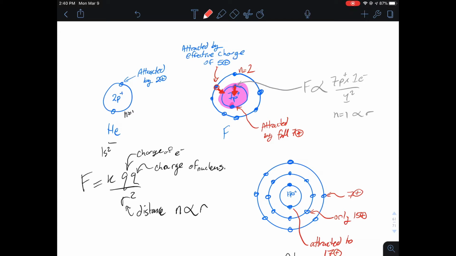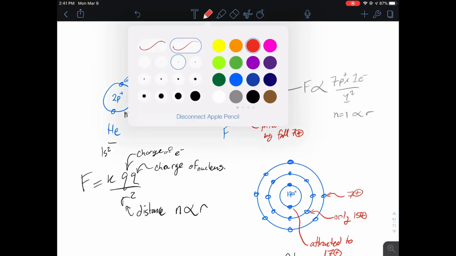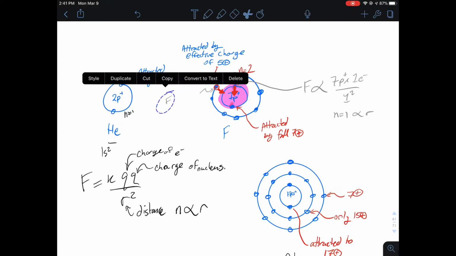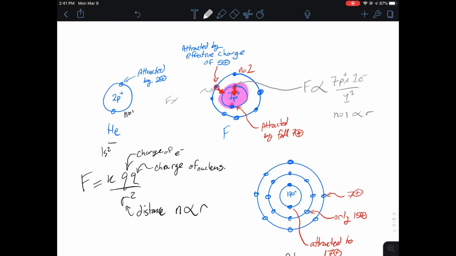But the central charge here is the sum of any electrons and protons that are smaller than that electron. So for this electron, we get a force that's not 7 protons. It is instead a force that is proportional to the difference, the 7 protons minus the 2 electrons, to give us a total proportional charge of 5.